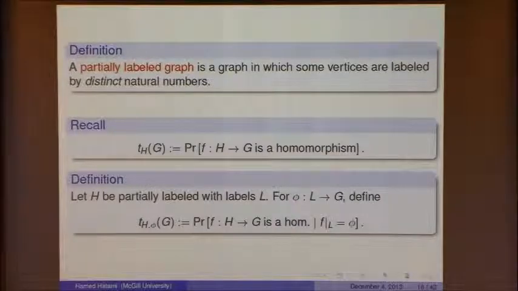So phi tells me where each label should be mapped, and then I define this probability given phi to be the probability that I get a homomorphism if I respect phi. So if my map is an extension of phi, f restricted to L is phi. Think of these labeled vertices as pinned on the graph, and then you map everything else randomly, and you want to get a homomorphism.